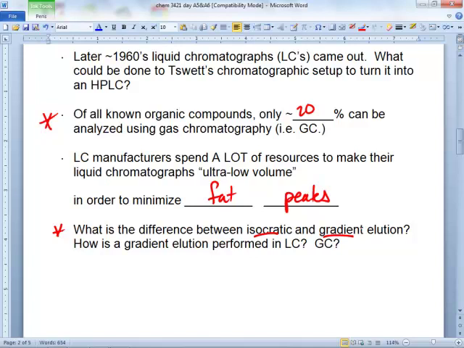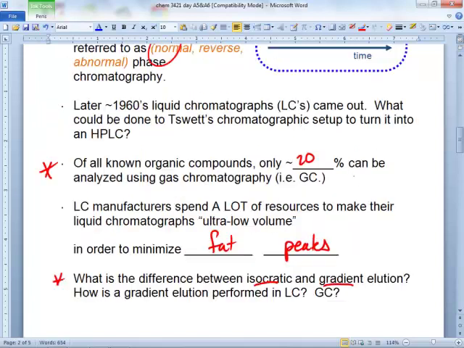Isocratic means, well, one, everything. I mean, you can't change anything during this whole elution, when you're separating all these little bands out on the column, you can't change anything. That is a what type of elution? Isocratic. You change one little thing, all of a sudden now it is gradient. So he was using isocratic.